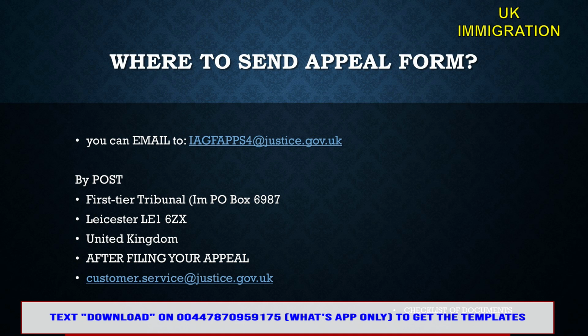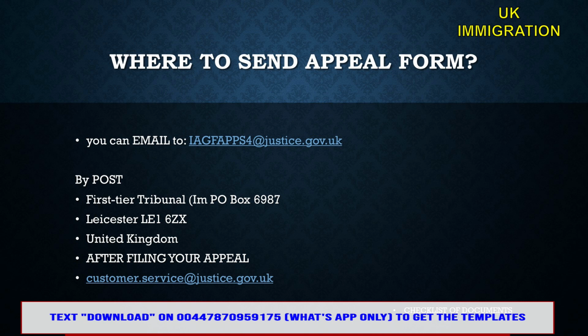Usually these days, people are sending their appeal by email. And then on the third section of this slide, you are looking at the email address. Once you've filed your appeal, then all the future correspondence you will be making through the second email you are seeing on this slide.